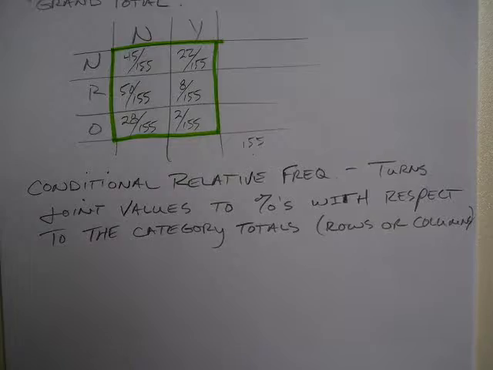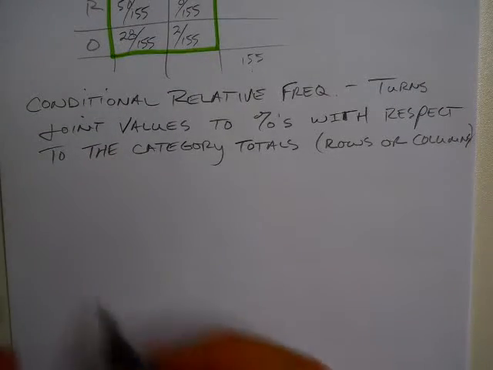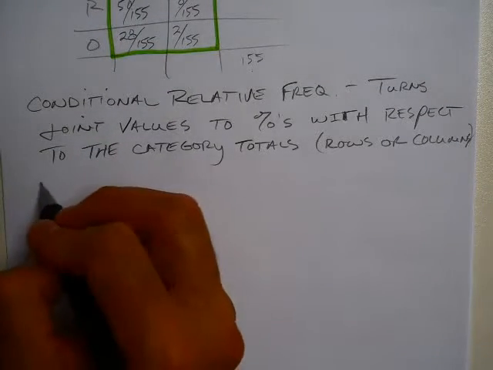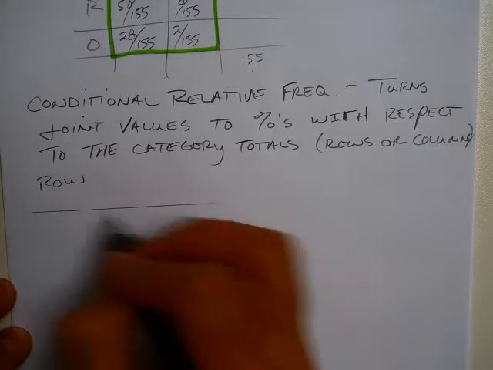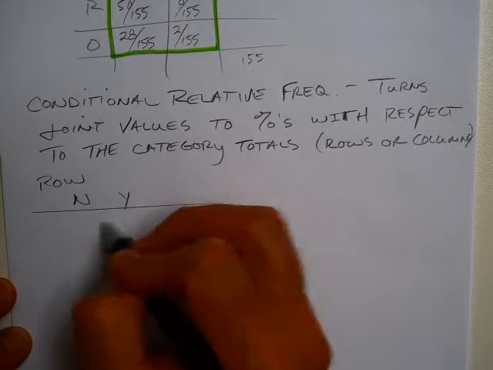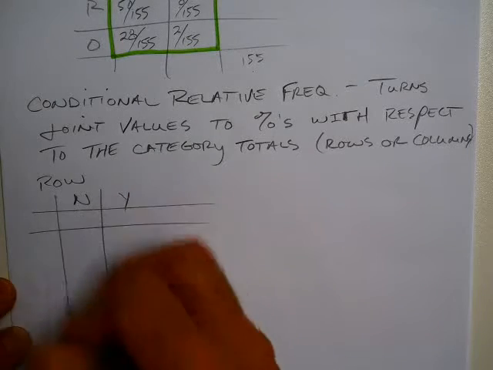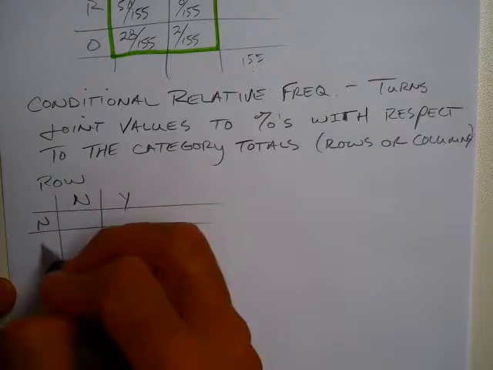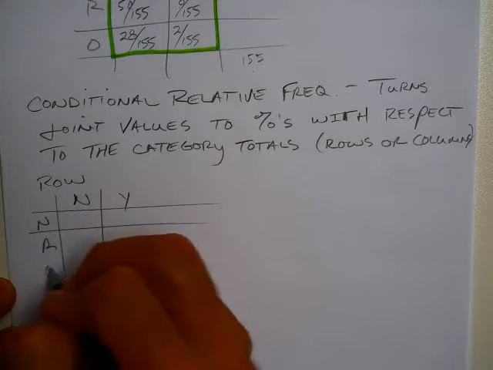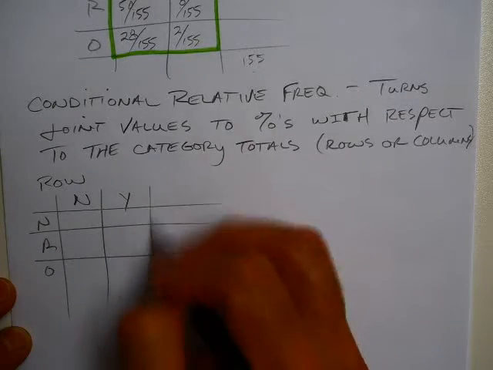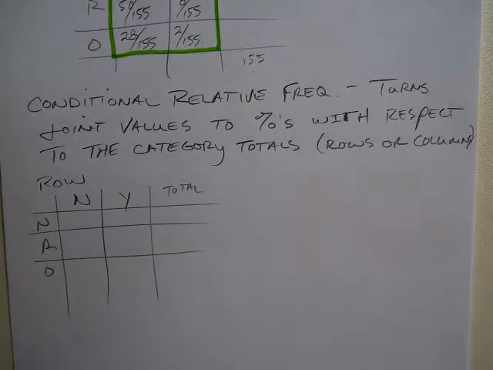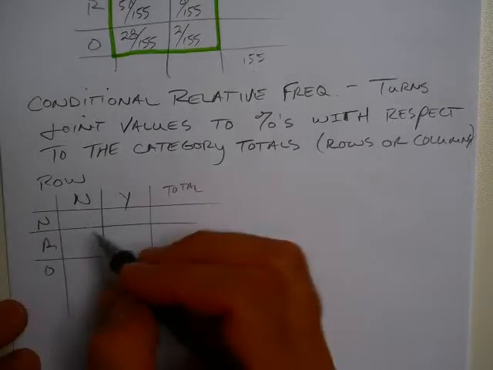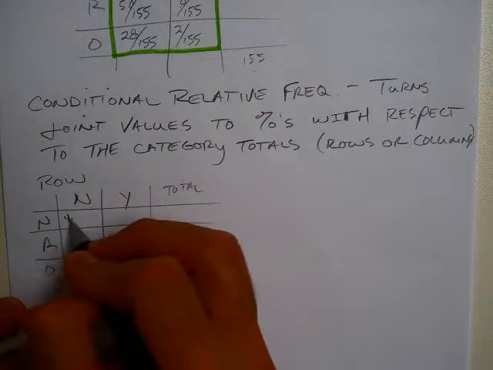So, if I were to do the row, it would look like this. No, yes, never, rent, own. So for our rows, what do we have? We had 45.